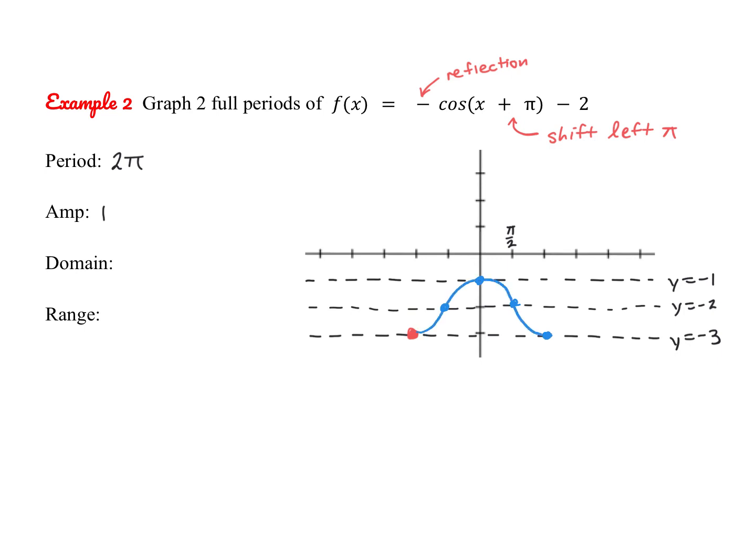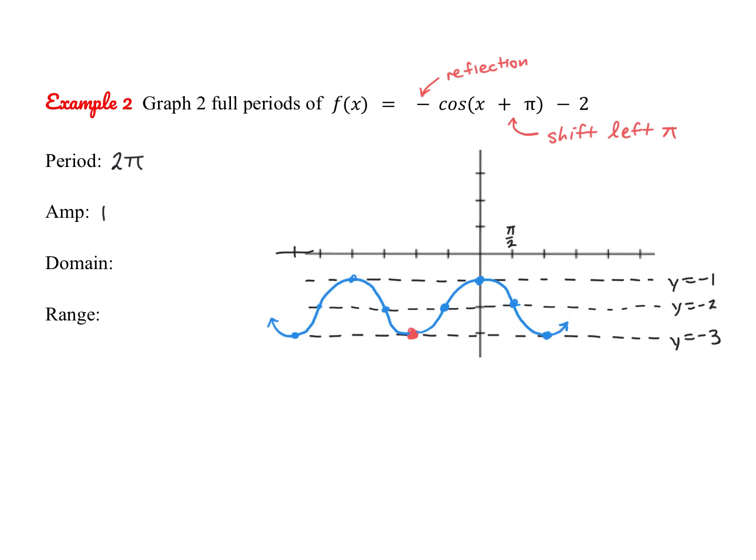And if we need 2 full periods, I could continue that pattern to the right again, or I could continue the pattern to the left. I can go middle, maximum, middle, add a little extra tick mark here, and then minimum. And of course, we could have also continued that pattern to the right. You need to have at least 2 full periods here, and make sure you curve your graph around at the end to show that it is turning around.